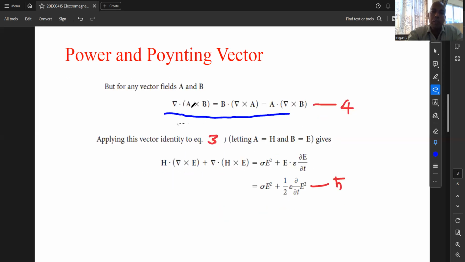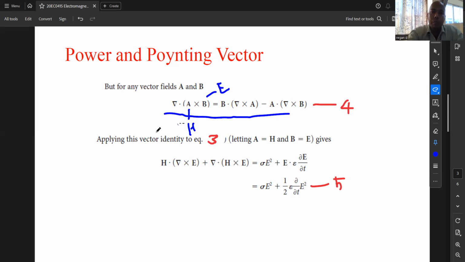In the place of A, I'm going to write H, and in the place of B, I'm going to write E. That means magnetic field and electric field are replaced in the place of A and B respectively.